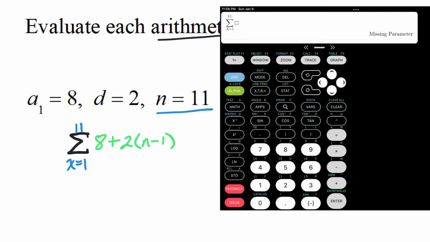So 1 and 11 go there, and then I just fill in my explicit rule there, or explicit formula, or rule, same thing. And we typed it in and let the calculator do the work from there. We can see we get a total of 198. So what we have here is 198.